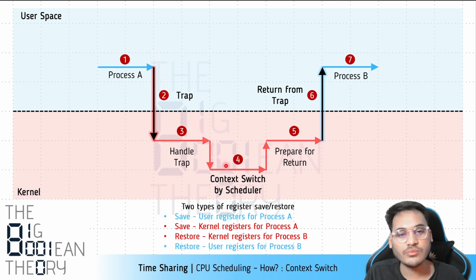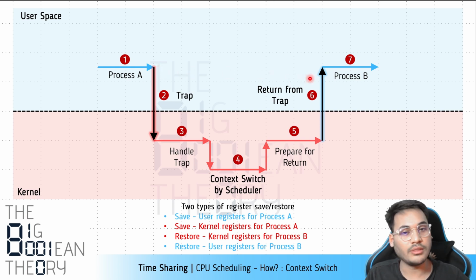And let's just assume that there is no context switch. Even then you have to do this, right? And the same thing when you're leaving the kernel, the registers that you're restoring are for the user code, right? These are not for the kernel code. So at this point you are executing user code, and at this point you will resume executing user code. So these saves and restores are for the execution of the user code.